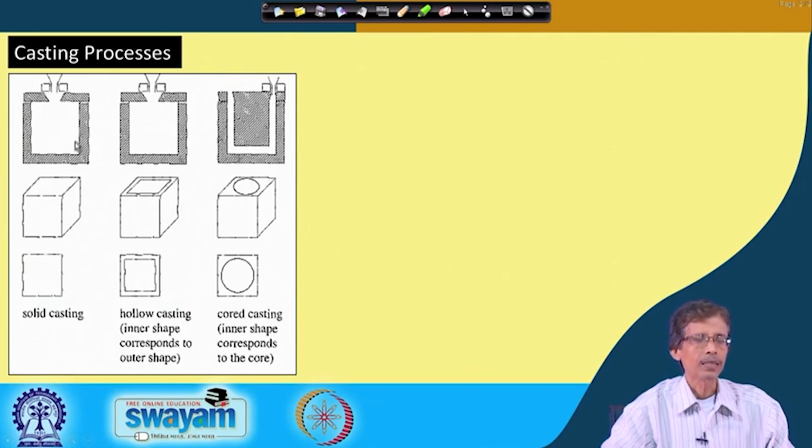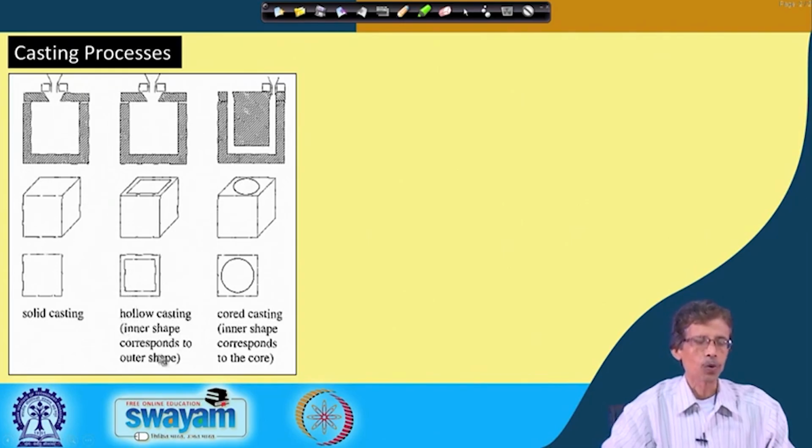Depending upon your mold or template, we go for the casting process in a particular way, putting the material from the top. This variety can be a solid block, or sometimes we can go for the hollow block also. Hollow casting is there. If it is a two-dimensional sheet, you get the middle portion as the hollow space.